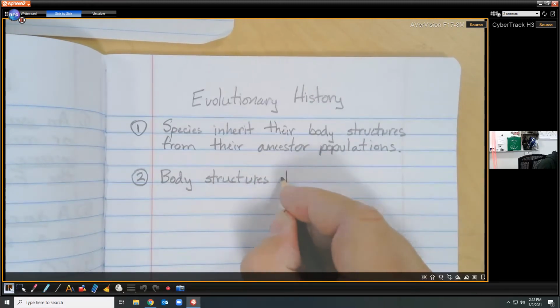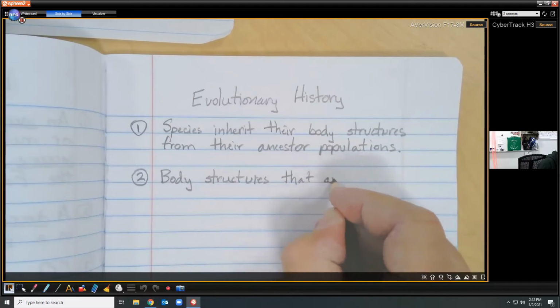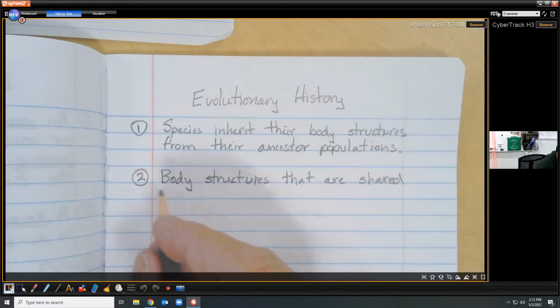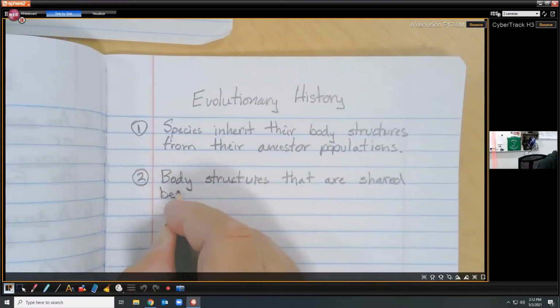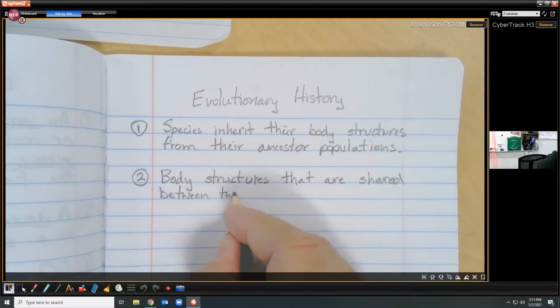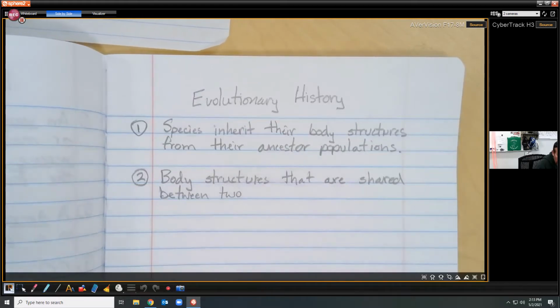So body structures that are shared between 2 species. It can actually be 2 or more species.